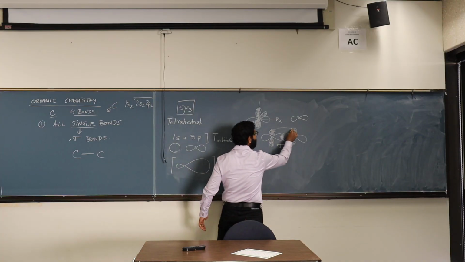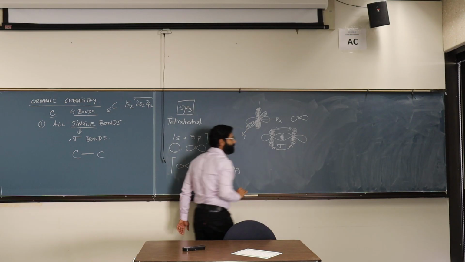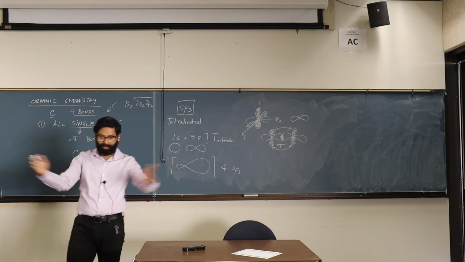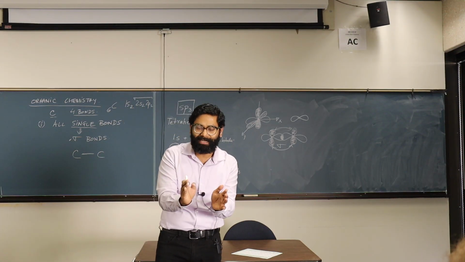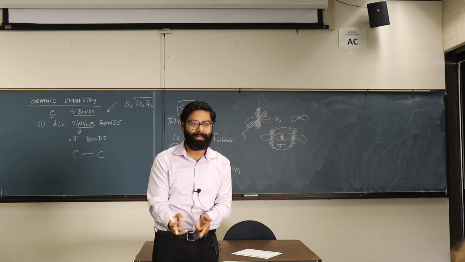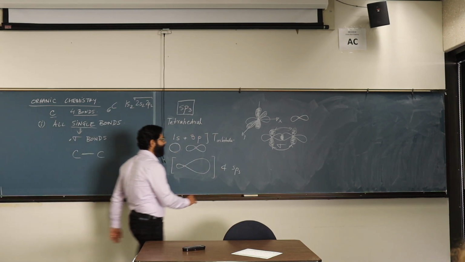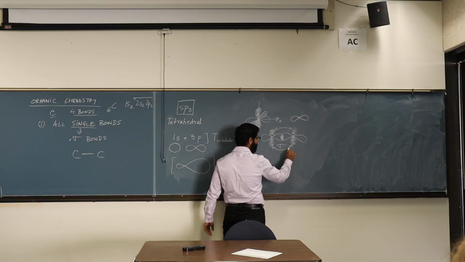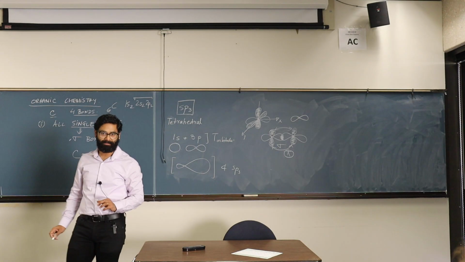But because they are close, there is an interaction going on between these two. Will the interaction be as strong as the sigma or less than that? It will be less than that. So that interaction is called a pi interaction. So sigma interaction and pi interaction.